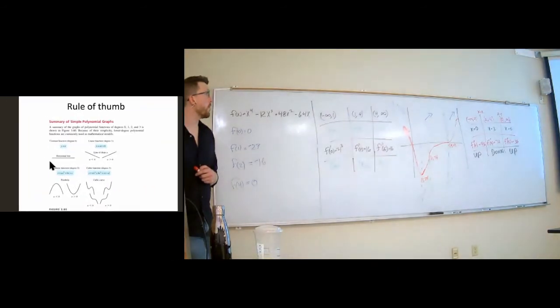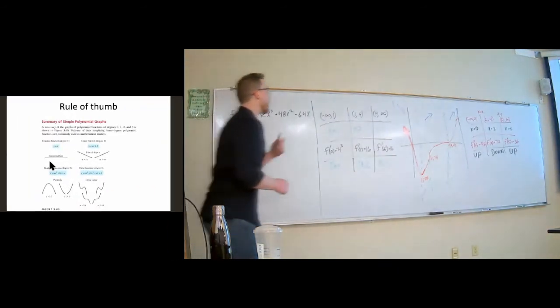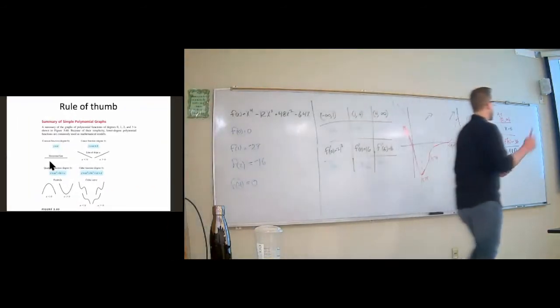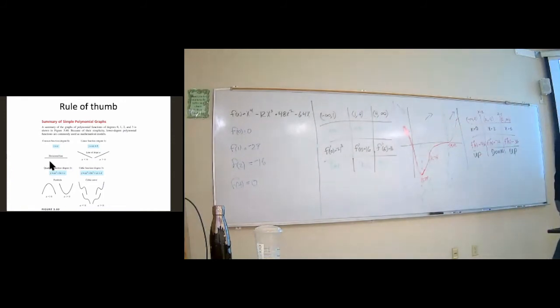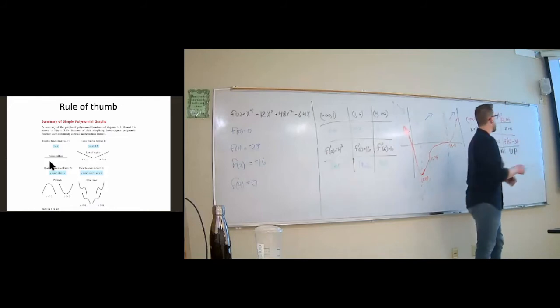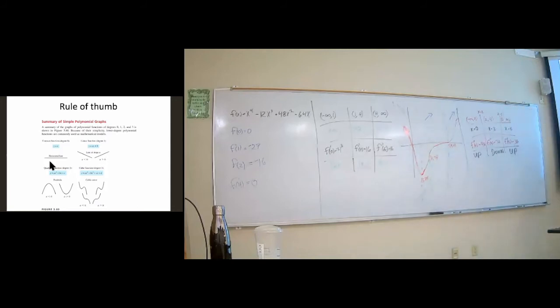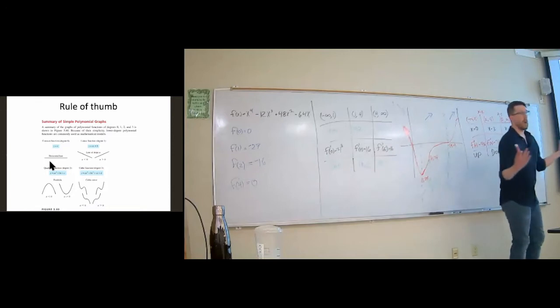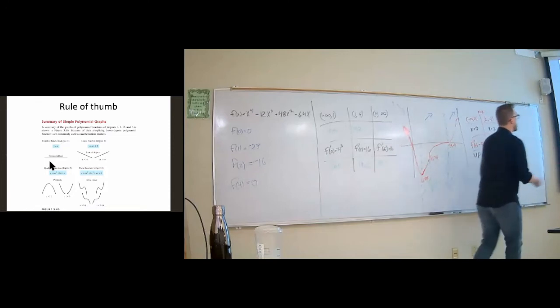I am trying to get through this a little bit more quickly today, just so that we can jump to some older material that I put off until now. I thought this would be a good segue into it. Just a rule of thumb about what different functions look like. y equal to a constant is just a straight line.